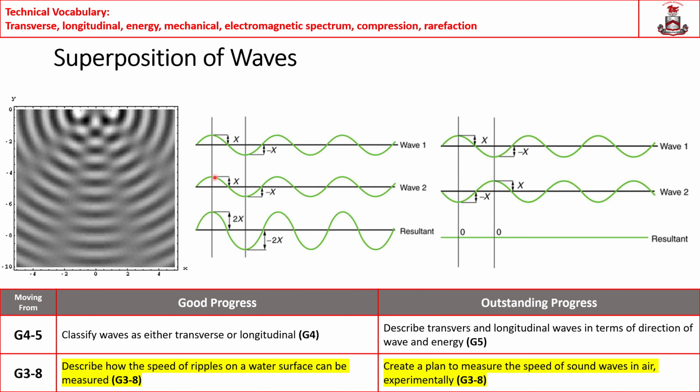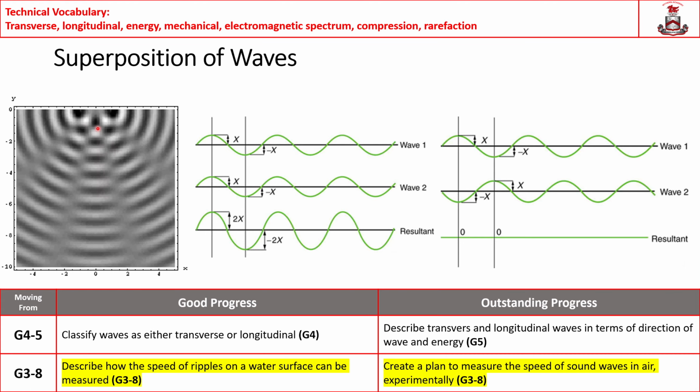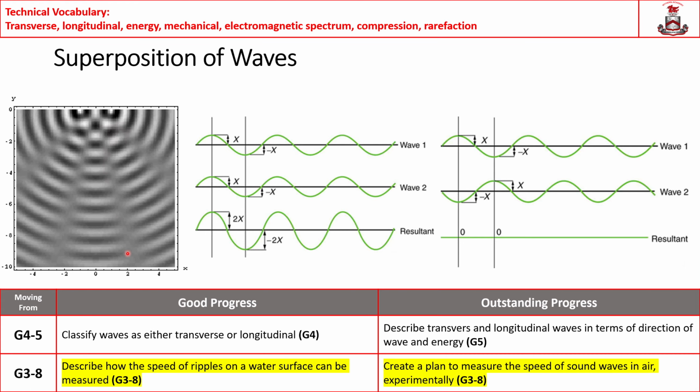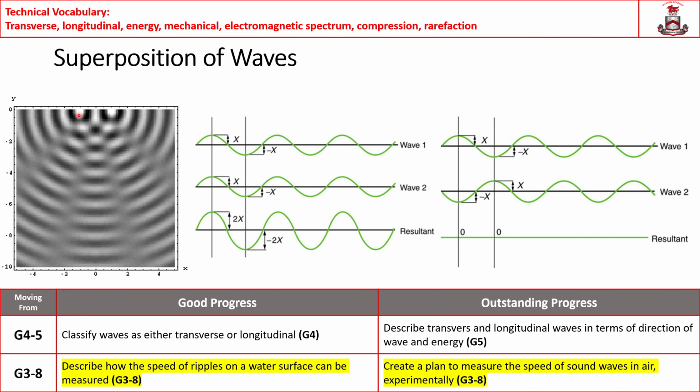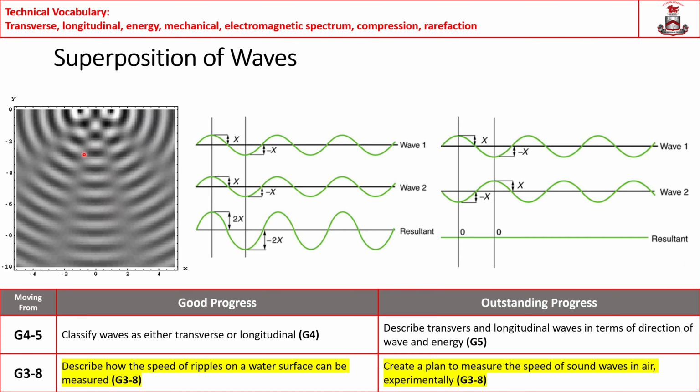Remember here, look, peak and a peak. These will add up. This and this will cancel each other out. So you see these dead lines in the middle here, where it looks like there's no waves at all. It's because there isn't. The peak from, say, the left-hand source has lined up with the trough from the right-hand source, and they've just cancelled each other out perfectly.